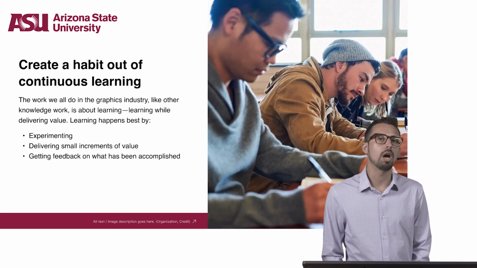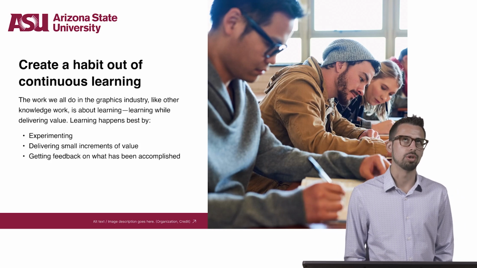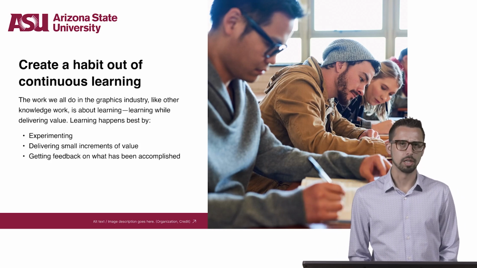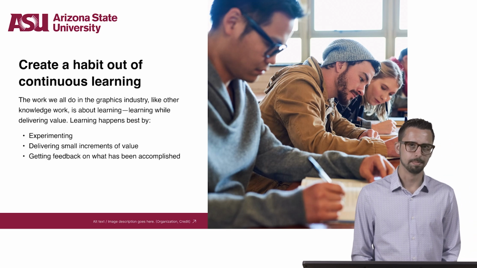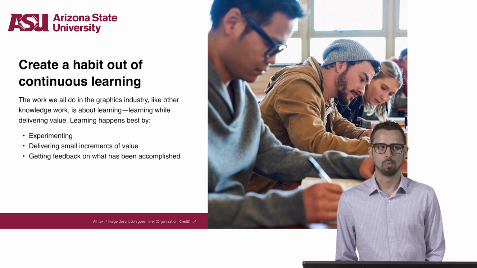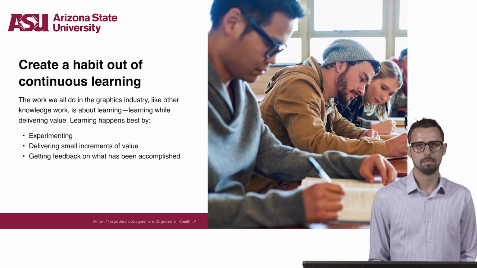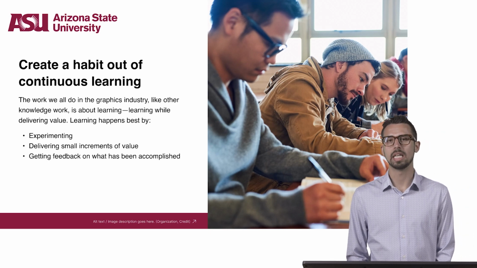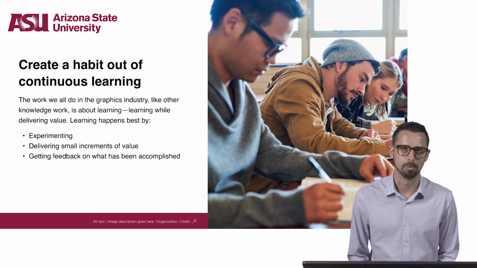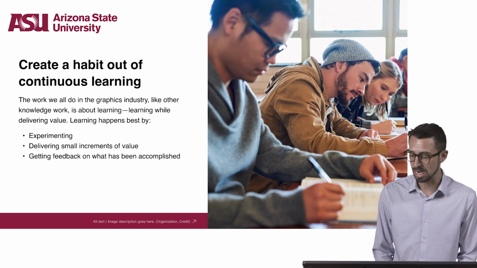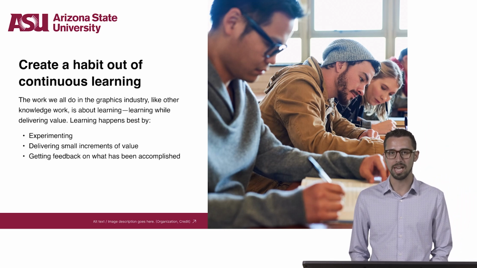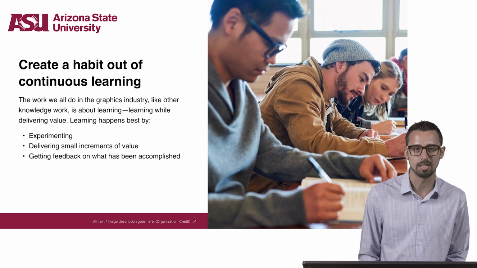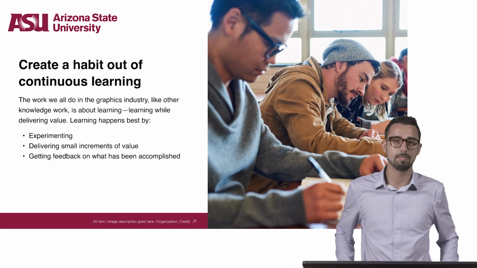The work we all do in the graphics industry, like other knowledge work, is about learning. Learning while delivering value. Learning really takes place by experimenting. Again, another reason why you are getting a degree of science in this program.